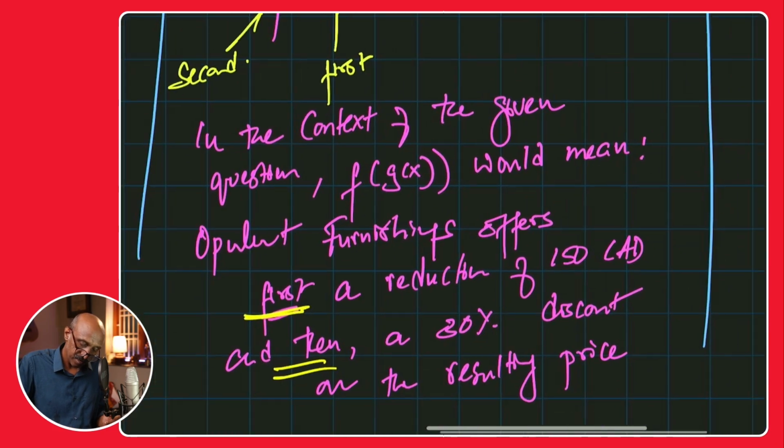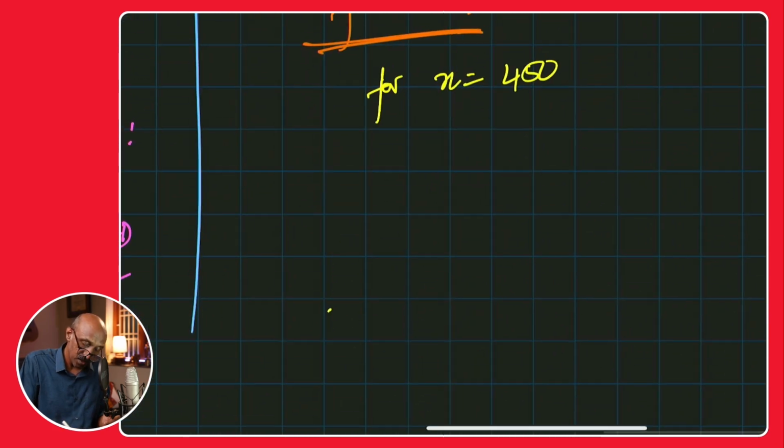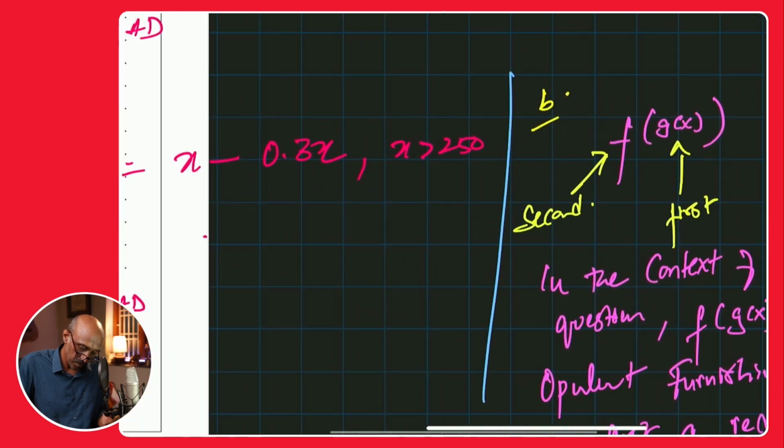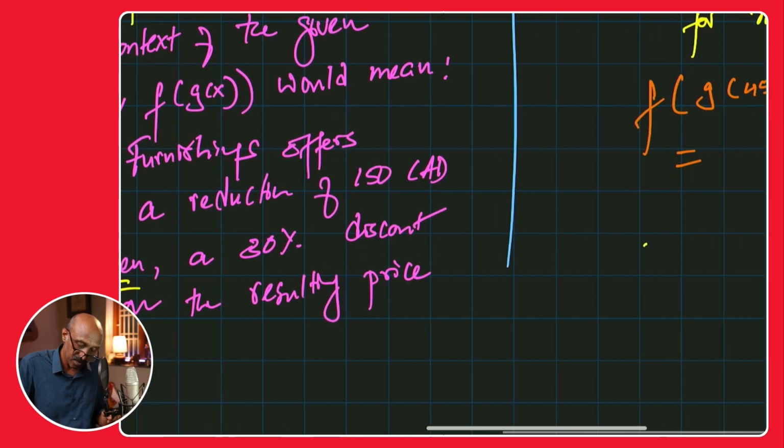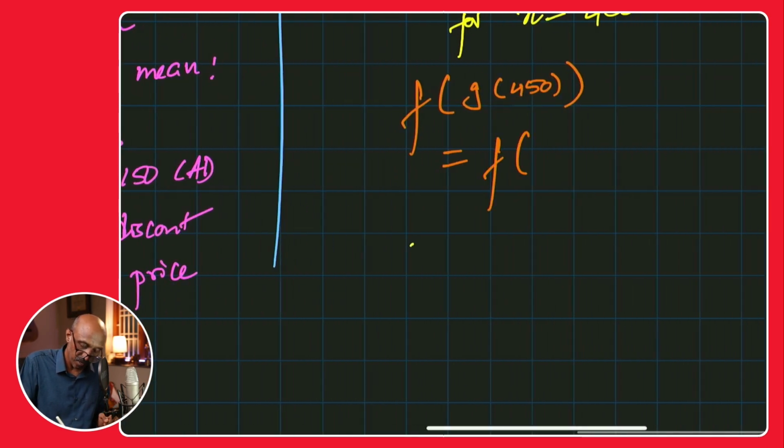Short-term memory I have, which is why I keep checking again and again. All right, so this is basically f of g of 450. What is g of 450? Well, g of x is basically just x minus 150, right? So this is basically f of x minus 150, where x is 450. So it is 450 minus 150.